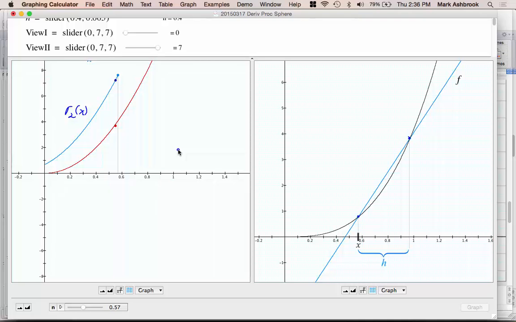Let's see. Start over. How do we write the rate of change of that blue line for any value of x? Given that this is any x, you write the rate of change of that blue line.